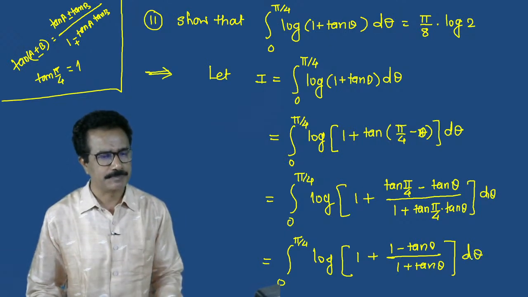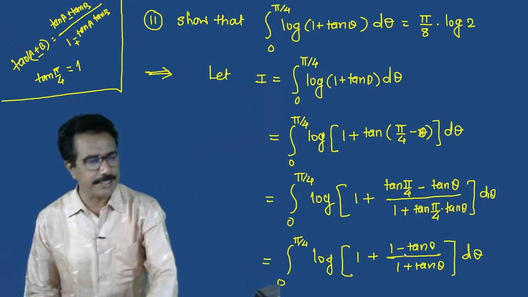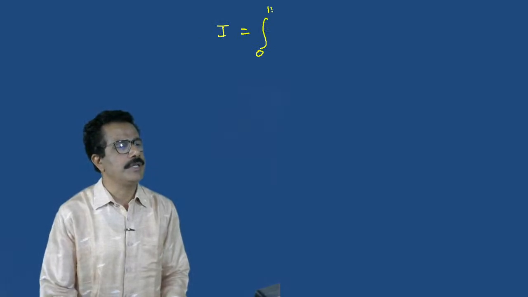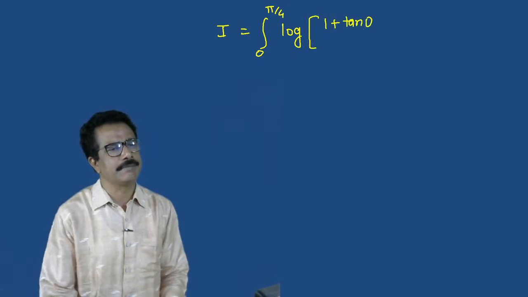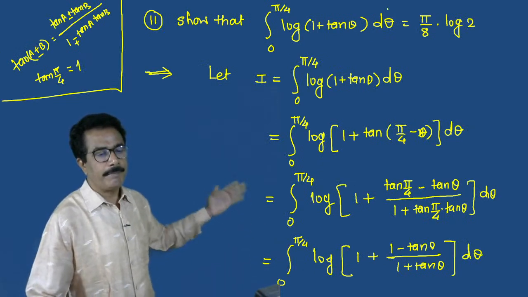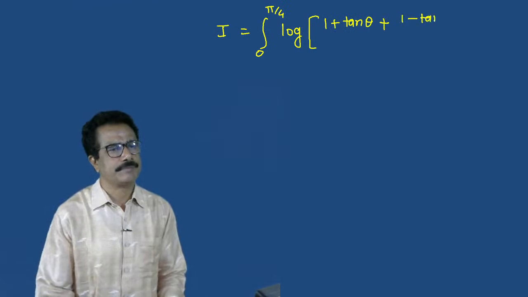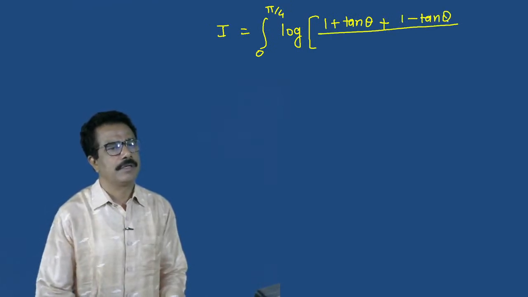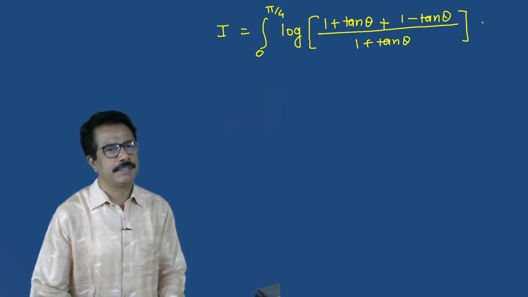d theta. Again you have to take LCM in the brackets, so the integral from 0 to pi by 4 of log of 1 plus tan theta plus 1 minus tan theta, divided by 1 plus tan theta, d theta.